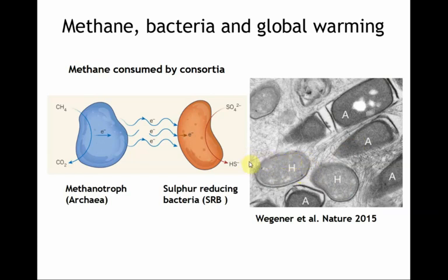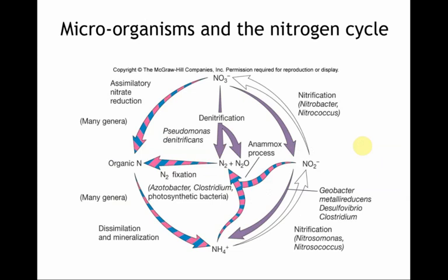These sulfur-reducing bacteria produce type 4 pili that make contact with the archaeobacteria, and these are like wires that are conducting the electrons from one bacterium to another. They push out the pili, and then the electrons flow backwards. So they make a little electrical circuit between the two types of bacteria.